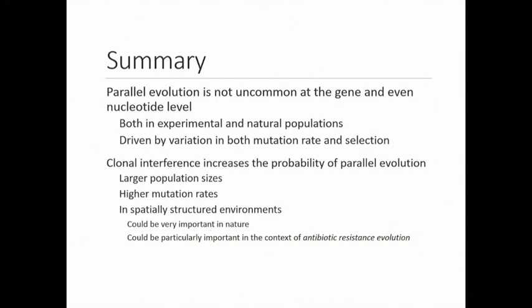I'll also highlight that I have a PhD student. I haven't shown you any of her data, but she's working on an experiment trying to understand how spatial structure, in the same form that I talked about with the sloppy agar, might drive differences in antibiotic resistance evolution.